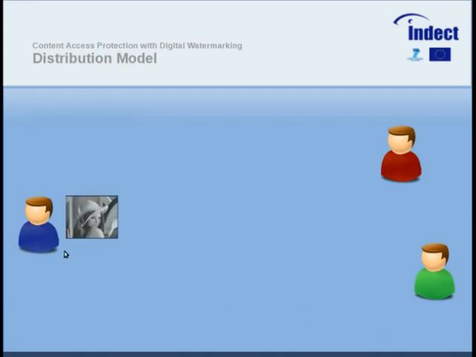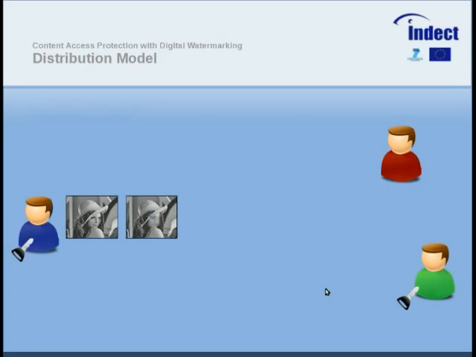The content author has images or other multimedia content that he wishes to distribute securely, and he also has a private key, a key that is shared between the content author and the authorized recipient, and the key is used to protect the selected part of the image.